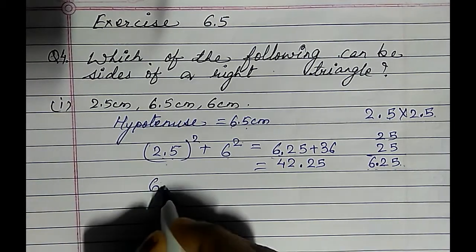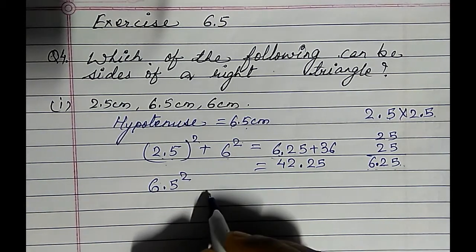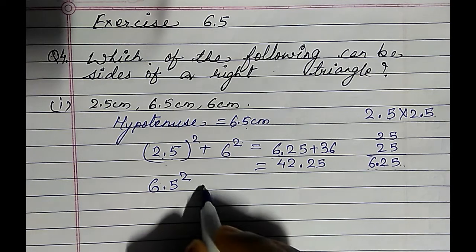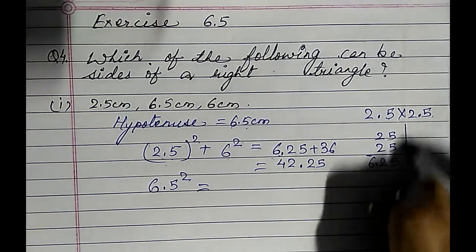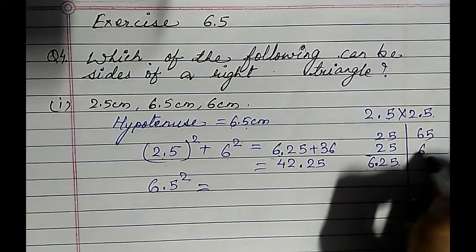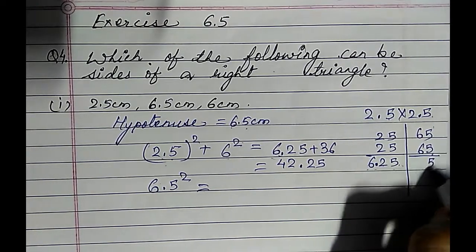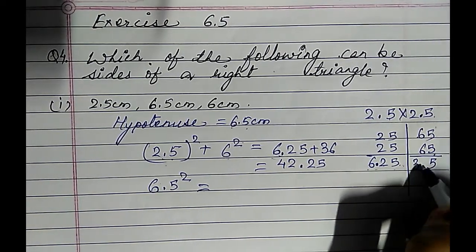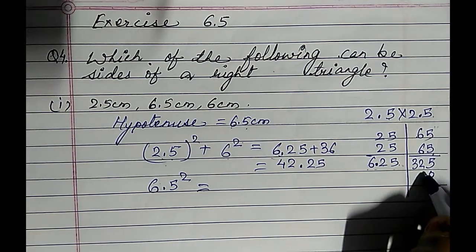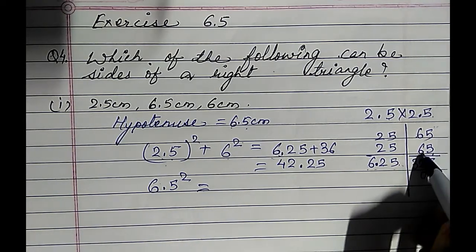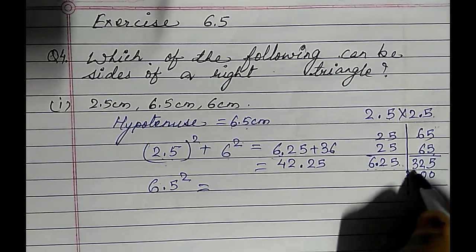Let us find out the square of the hypotenuse. So what is the square of the hypotenuse? Let me find out. 65 times 65: 5 5s are 25, 5 6s are 30 plus 2, 32, 6 5s are 30, carry 3, 6 6s are 36 and 3, 39.